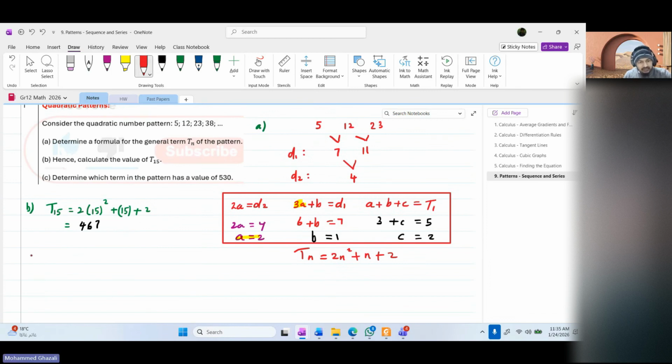Let's look at part C. Determine which term in the pattern has a value of 530. So which term has a value of 530? We need to make Tn equal to 530.